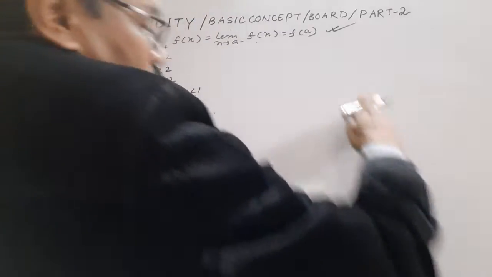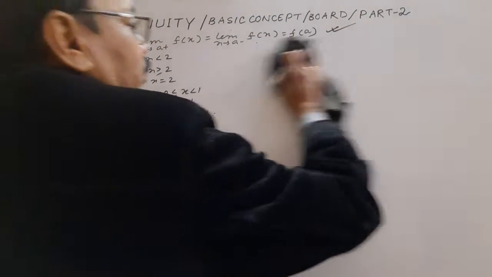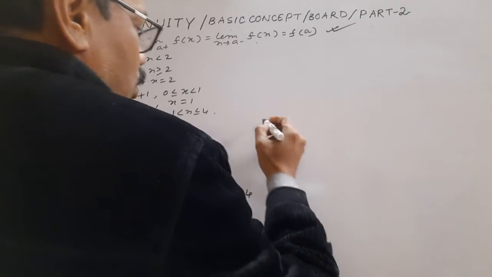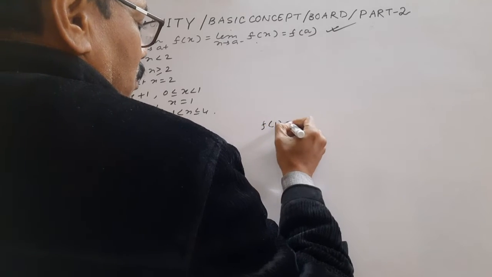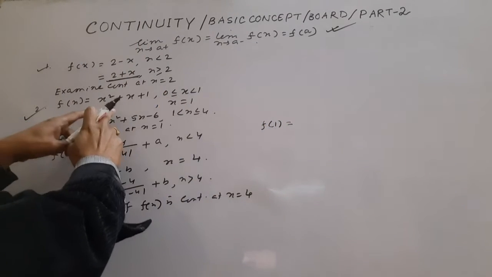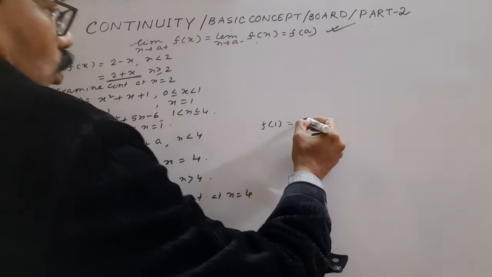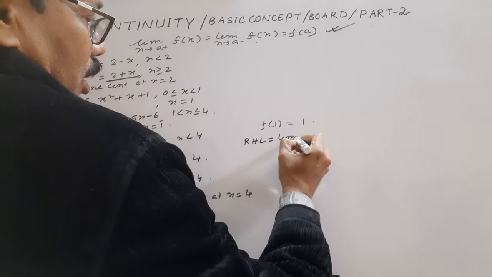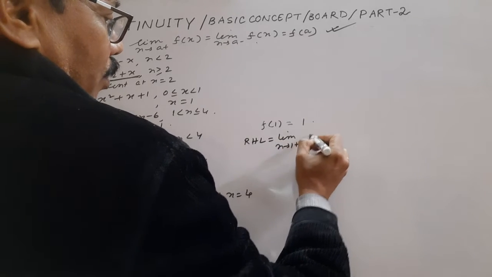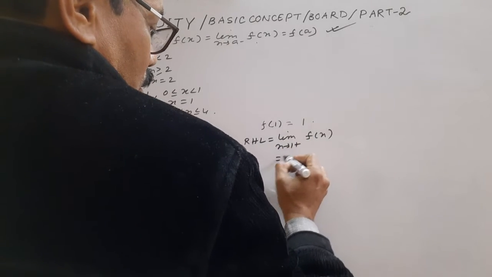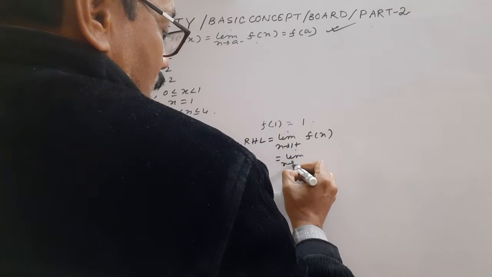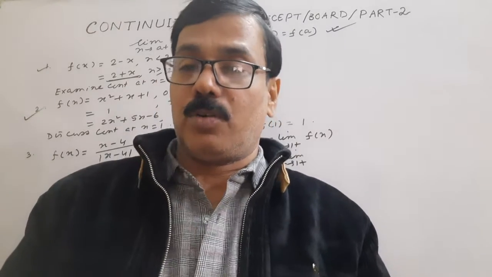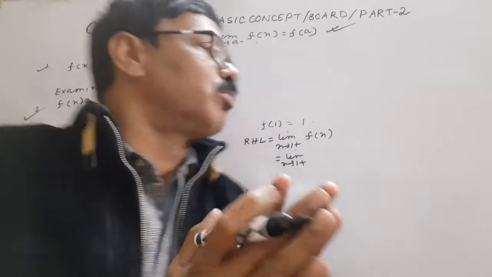So what is the functional value? So write f(1). So what is f(1)? f(1) is the functional value. According to this restriction, f(1) is given as 1. So what is RHL? Limit, right hand limit, 1 plus f(x). So look, 1 plus means greater than 1, but by a very small amount. That is, it is very near to 1.